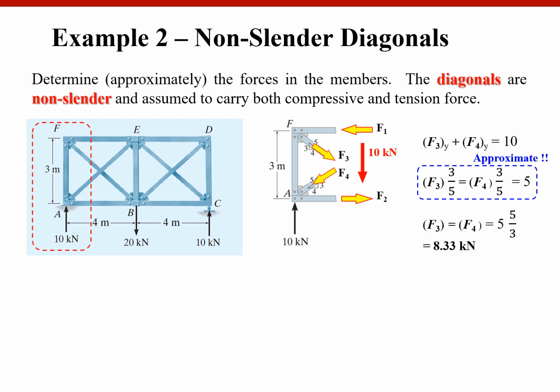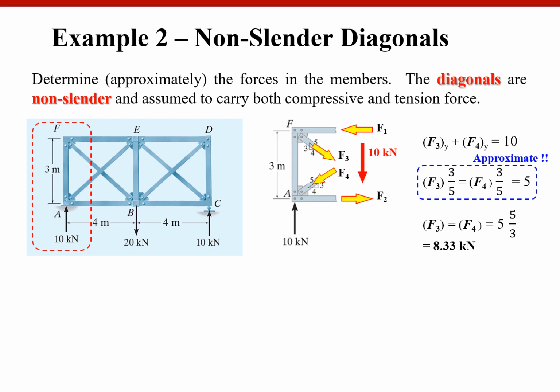F3 and F4 are both 8.33 because these diagonals are non-slender, so they are capable of carrying compressive and tension force.